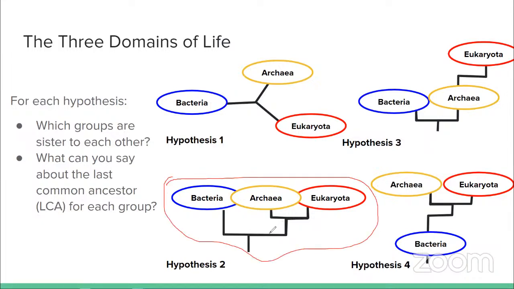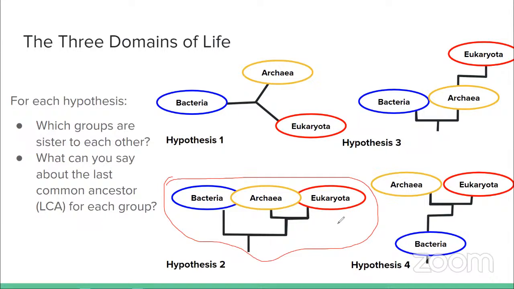So our current understanding, our best guess, is that we had a last common ancestor, something like a mix of the archaea and the eukaryote. So we had something kind of different than all three of them, kind of like this hypothesis 1. But then bacteria branched off separately from the ancestor to archaea and eukaryota. And then they separately have a common ancestor to just those two that branched into those separate traits.